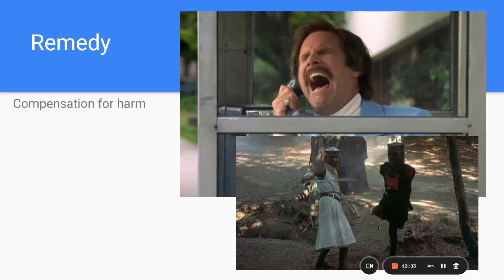Yeah. So the remedy, this is what we call compensation for harm. Right? Damages are what you pay, and the remedy is what's required. I know all of this gets kind of tedious. What we've looked at so far are harms that are fairly easy to see, like bodily harm and damage to property.